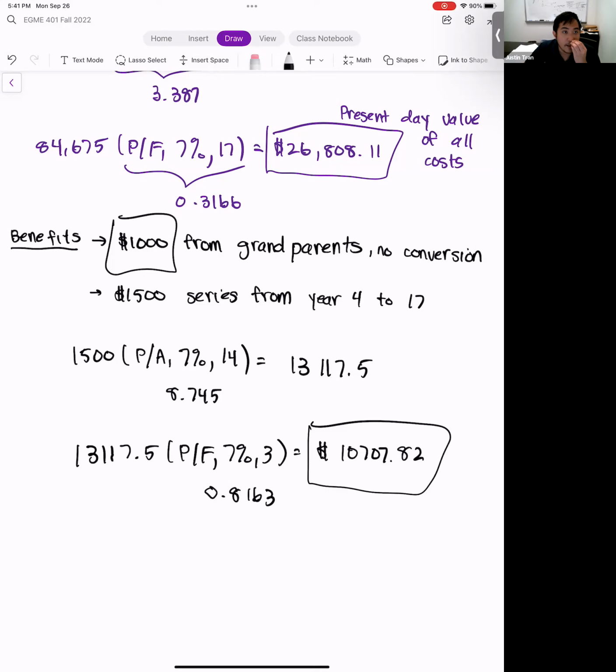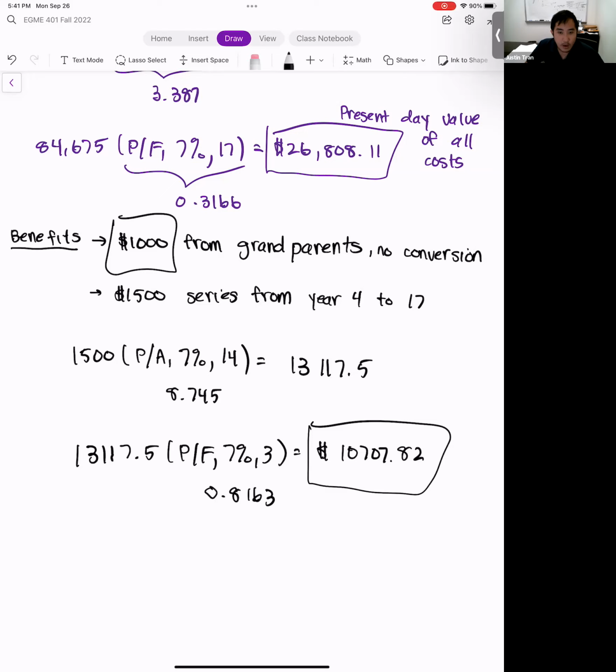Okay. And so those are the two benefits that we have so far.